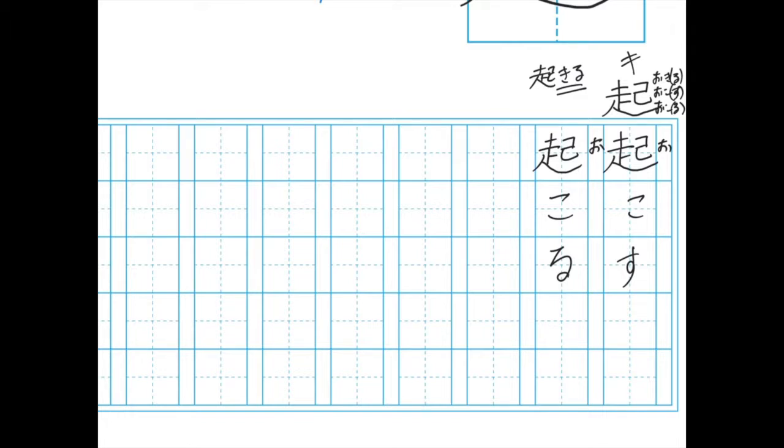And the last jukugo is kiten, origin, starting point. So okiru, okosu, and then ten, point. Kiten.